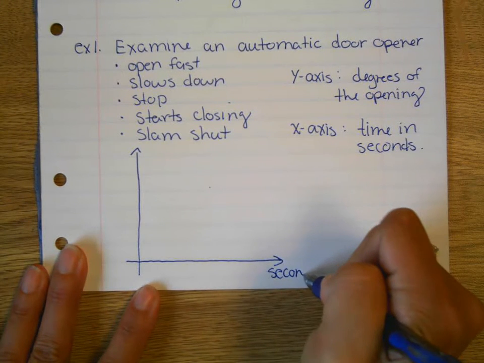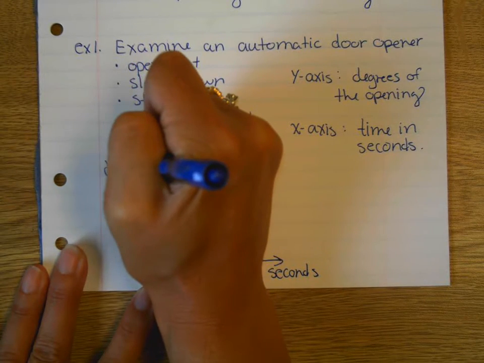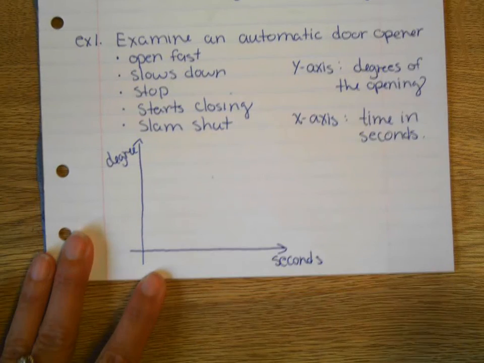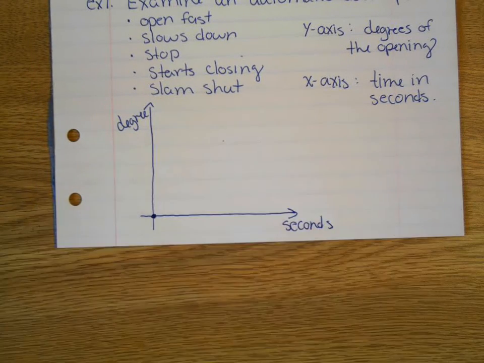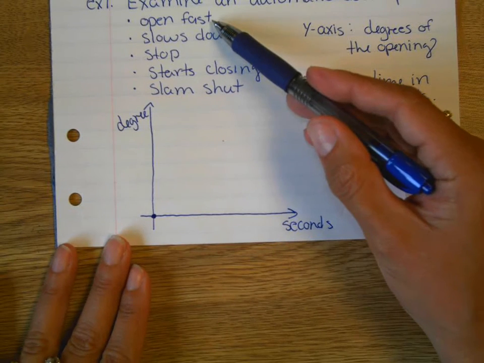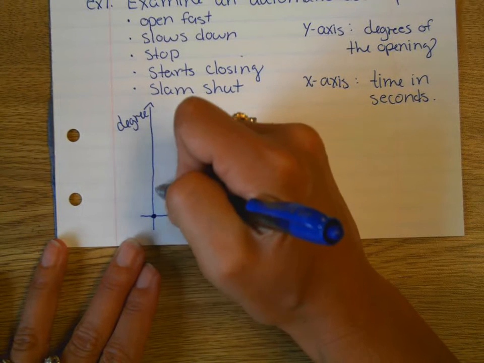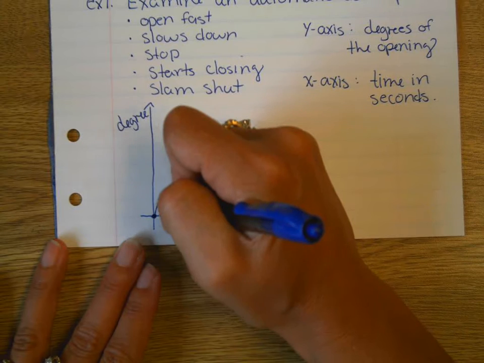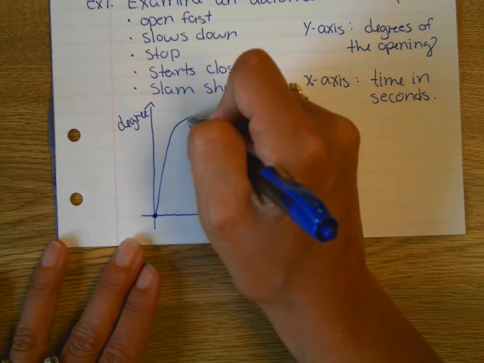So here's our time in seconds, and here's our degree of the opening. Obviously the door is starting closed at time 0. Then when you press the button, the first thing, it opens fast. So we're going to have somewhat of a steeper line here because the degree opening is going to happen quickly. Then it's going to slow down.